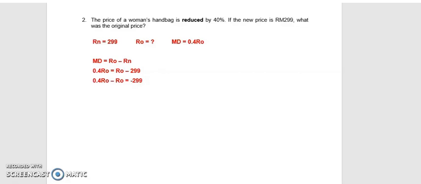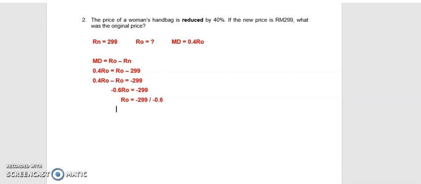So 0.4 RO minus 1 RO will be equivalent to negative 0.6 RO, equal to negative 299. So RO is equivalent to negative 299 divided by negative 0.6.